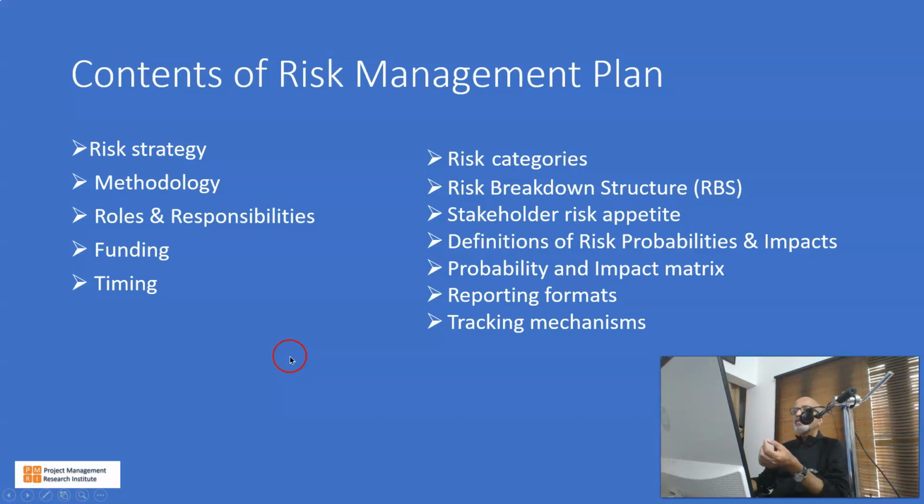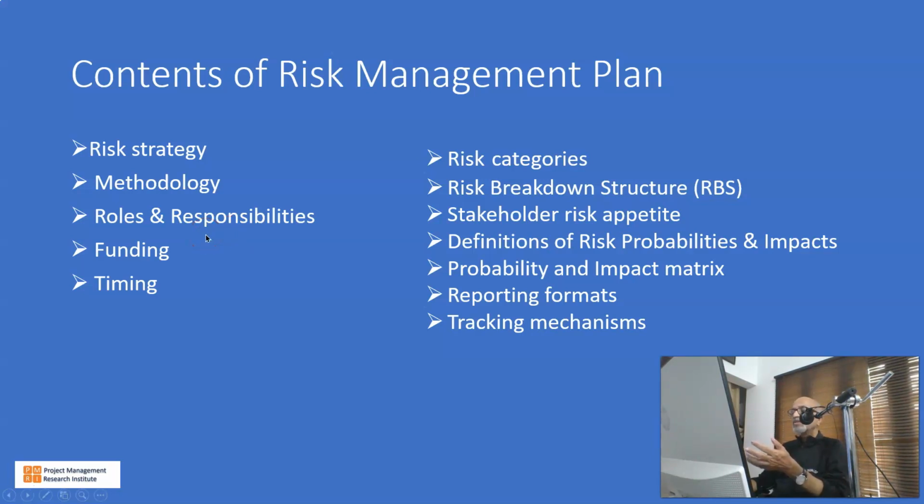Then here are the contents of a risk management plan. This is not mandatory, this is just an example. So risk strategy, risk methodology, roles and responsibilities of the risk management team, if it is an exclusive team.